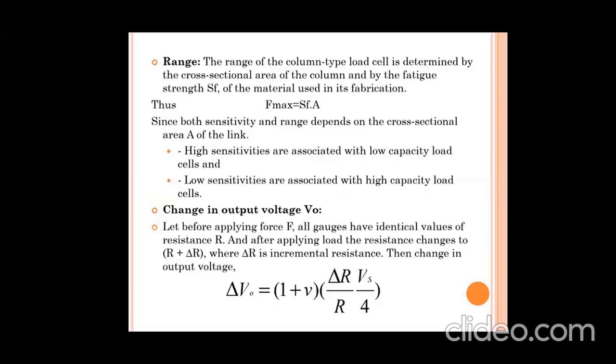If delta R is given in the problem, then you can find out the change in output voltage, and whatever the change in output voltage, it is proportional to the force.